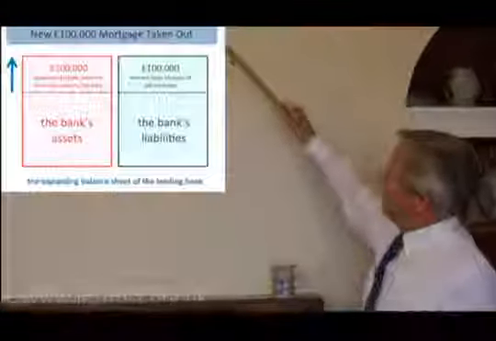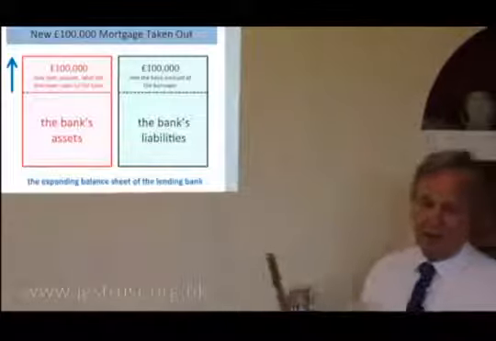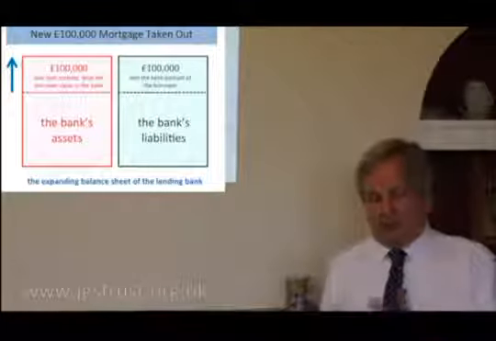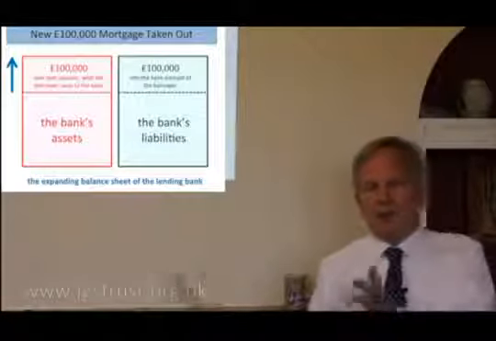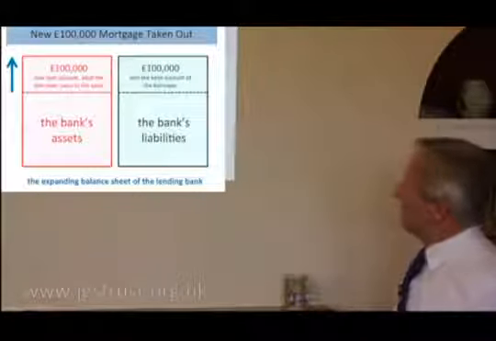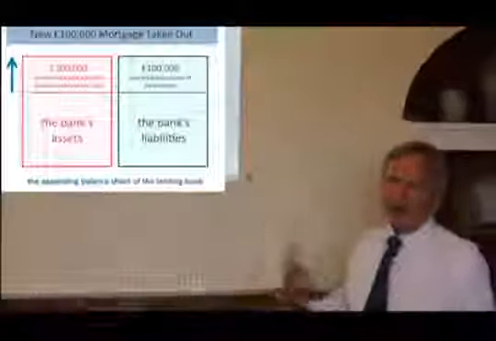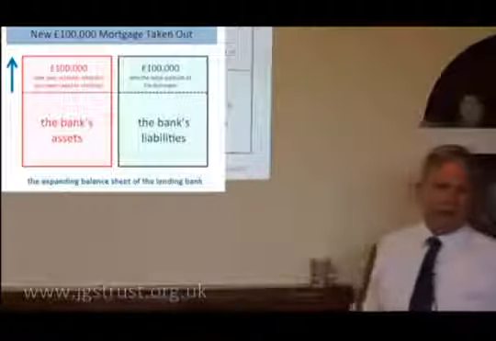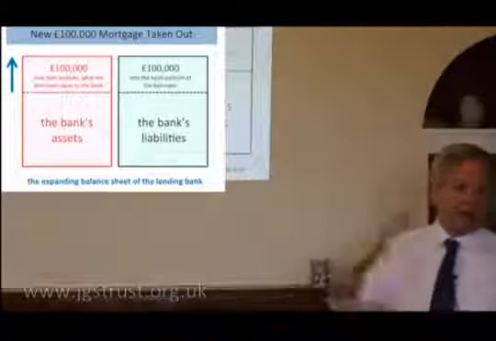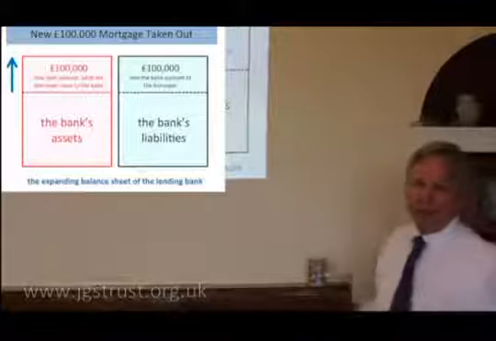Well, the borrower, the person who took out the loan, has £100,000 in his current account. Actually, probably has gone to his solicitor's current account in practice, but it is a liability to the banking system. When we're just pretending to look at one bank as though everything's happening in one bank, but conceptually that's okay if you think of it as the whole banking system.